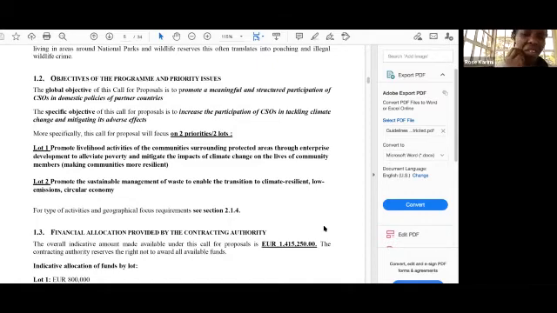In this case, in the group work, we are going to focus later, not now, on priority number 1, promoting livelihood activities of the communities. So I want you to have that at the back of your head. We want to promote livelihood activities of the communities surrounding protected areas through enterprise development in order to alleviate poverty and mitigate the impacts of climate change on the lives of community members.